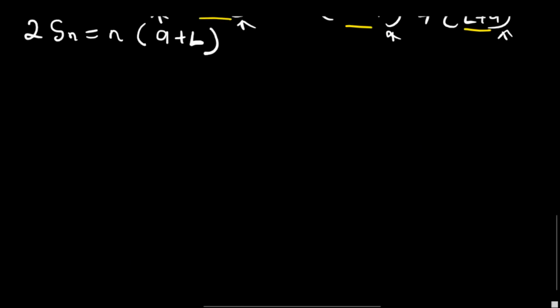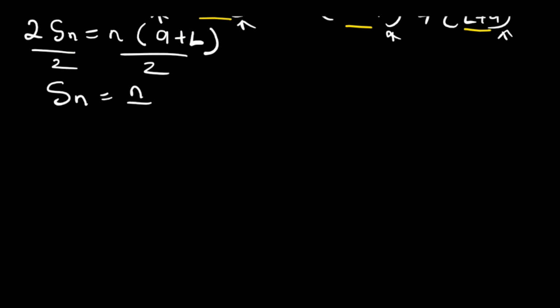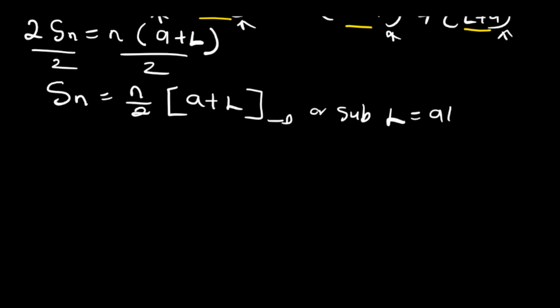Now we're going to divide by 2 both sides, and your sum is equal to n over 2 into (a plus L). So your sum can be this one here, or you can substitute the L value, which we know is a plus (n minus 1) d.